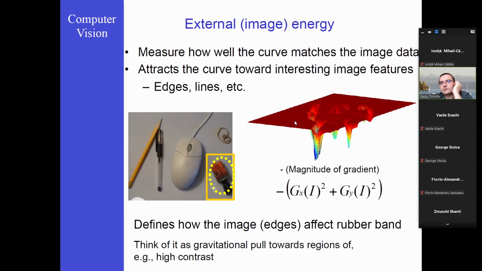This is a visualization of what external energy means. The external energy relates to the image, to the evidence that we are finding. It measures how well the curve matches the image data and attracts the curve towards interesting image features like edges, lines, etc. So, for example, here we have the image on the left, and here is a visualization of the magnitude of the gradient for this object.